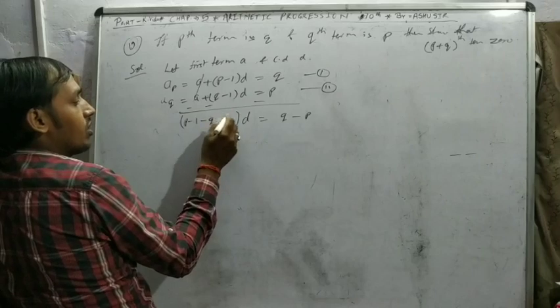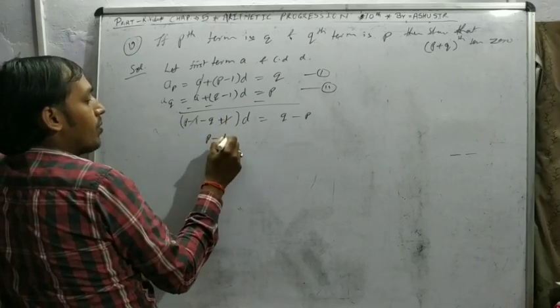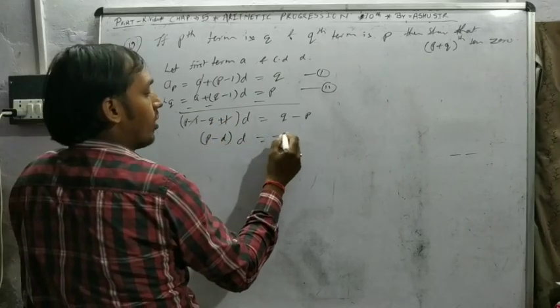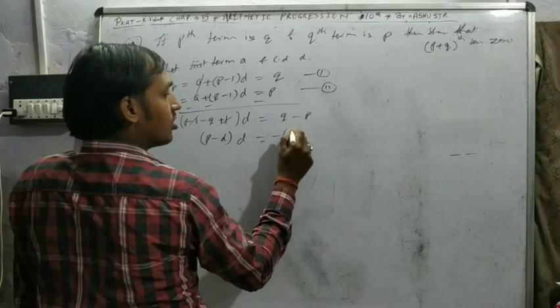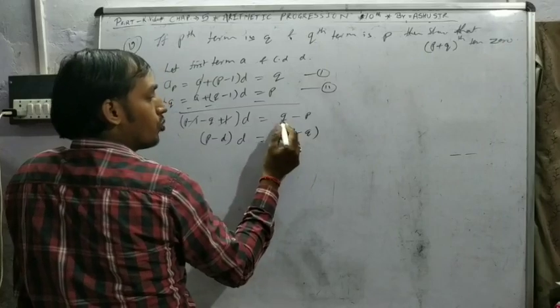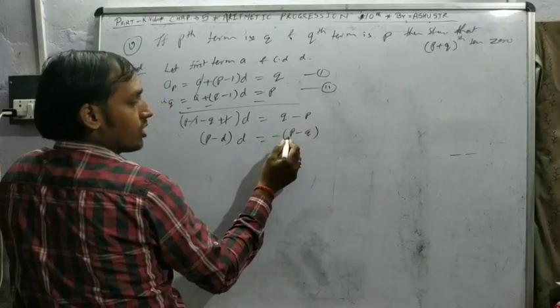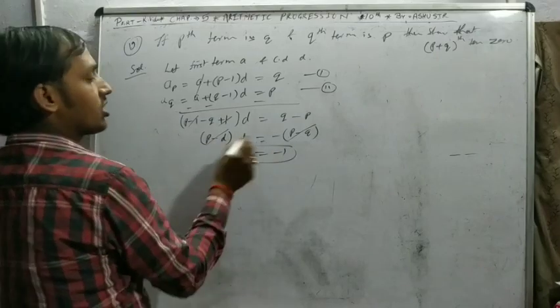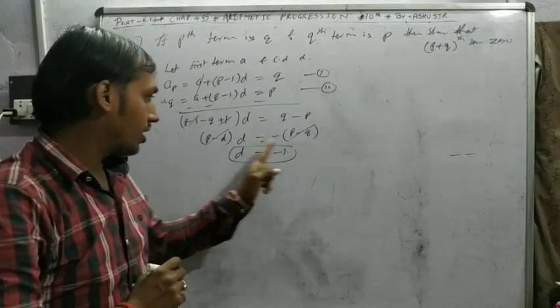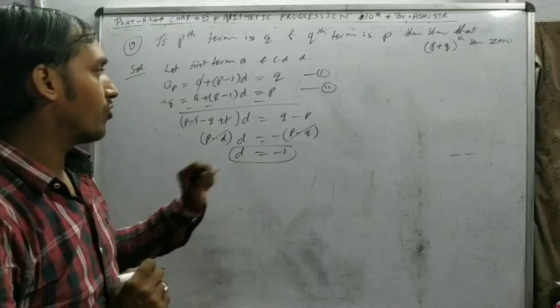Minus q plus 1, 1 cancels. p minus q into D. Taking the minus sign common, it is reversed. So p minus q cancels. That's why we take the minus common, because p minus q is cancelled. So we get the value of D.